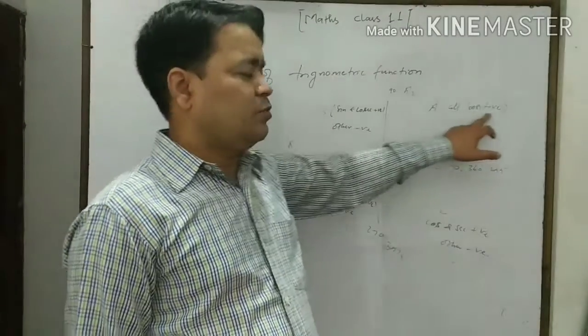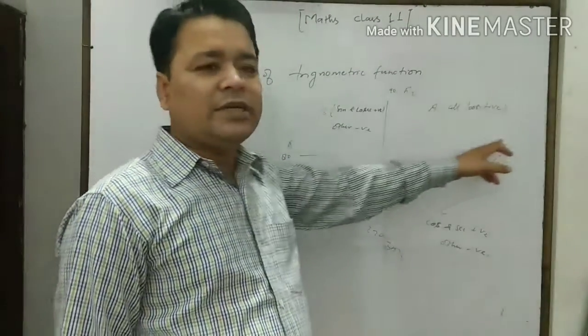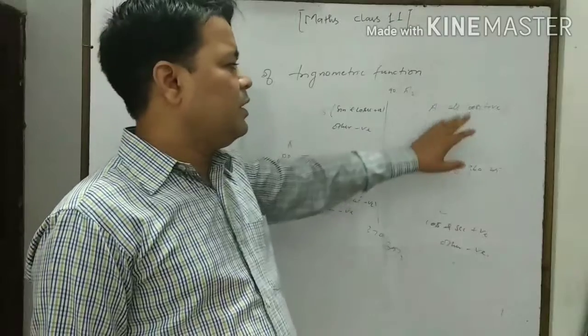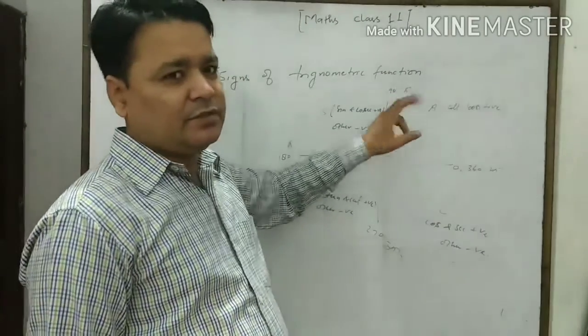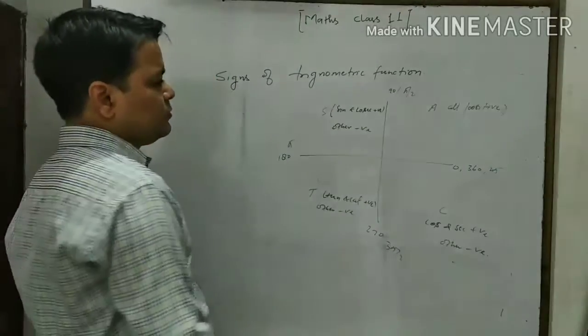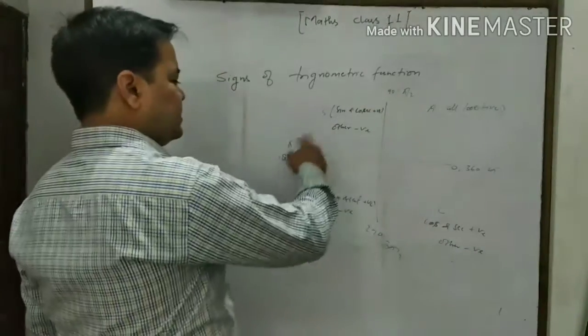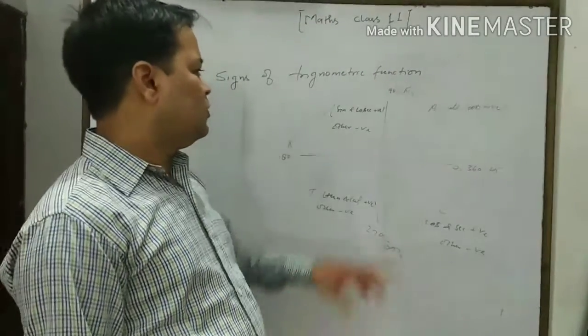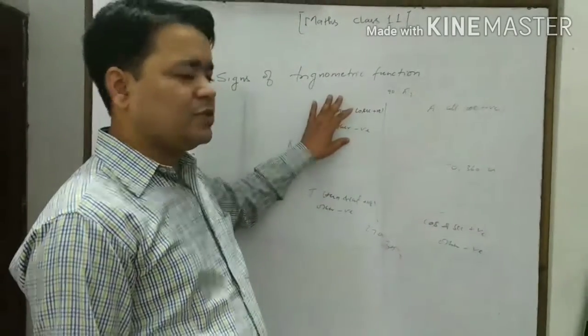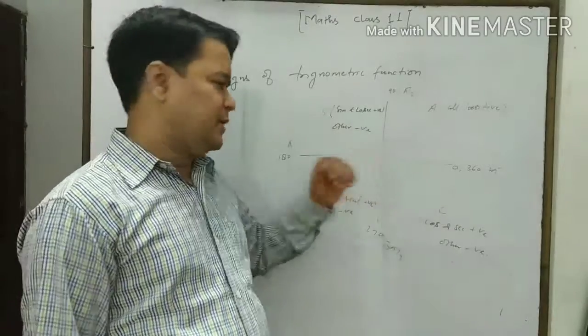A means all positive. Value of all trigonometrical ratio will be positive under 0 to 90 degree. Getting? Now, more than 90 and less than 180. Out of 6 trigonometrical ratio, only sine and cosec will be positive and other will be negative.